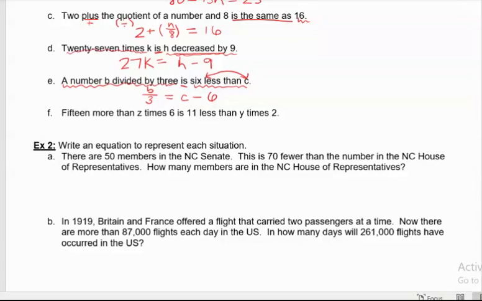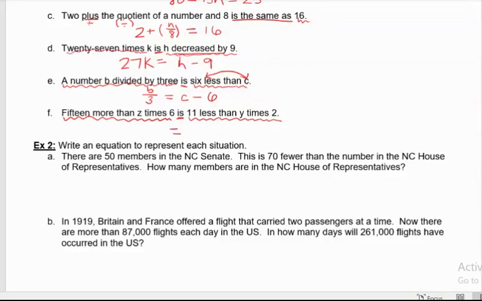15 more than z times 6 is 11 less than y times 2. So now I'm looking for my equals. That's "is," so I know equals is there, and then I have two separate expressions that I can write on both sides. So I have 15 more than z times 6.